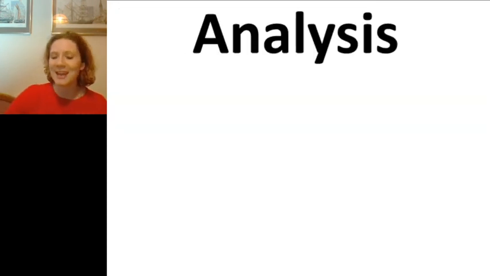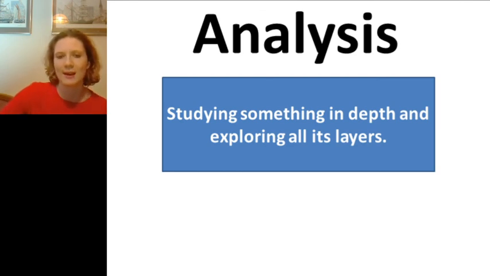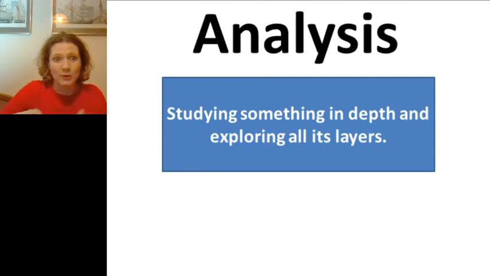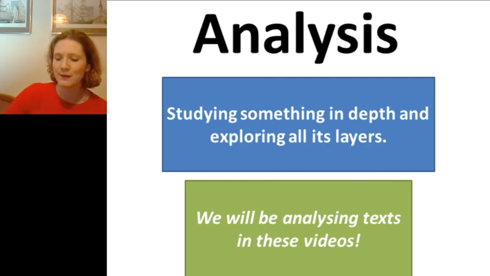Okay, the last one is analysis. Analysis is where you study something in depth and you pull apart all the possible layers that you can. You really, really explore it and just analyze it almost scientifically. We are going to be analyzing texts in these videos moving forward.